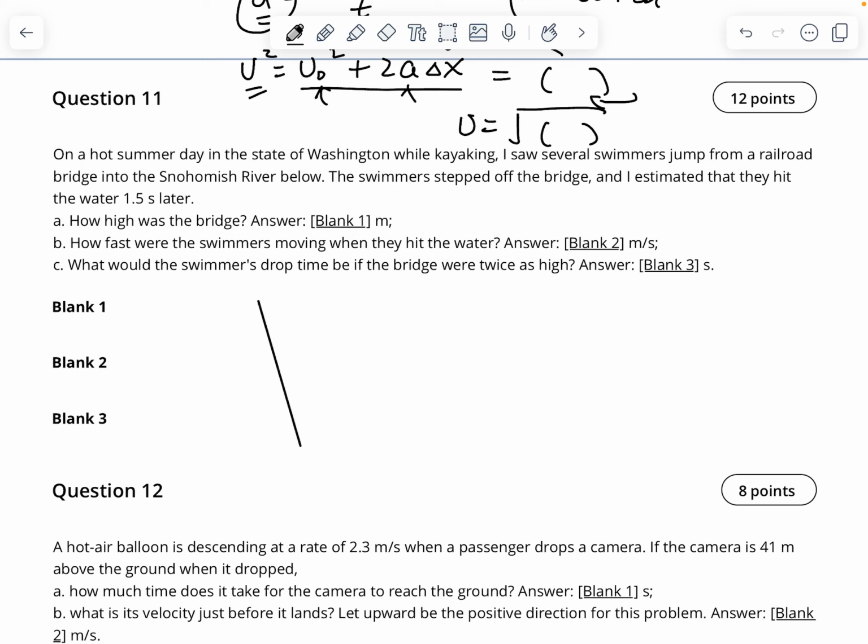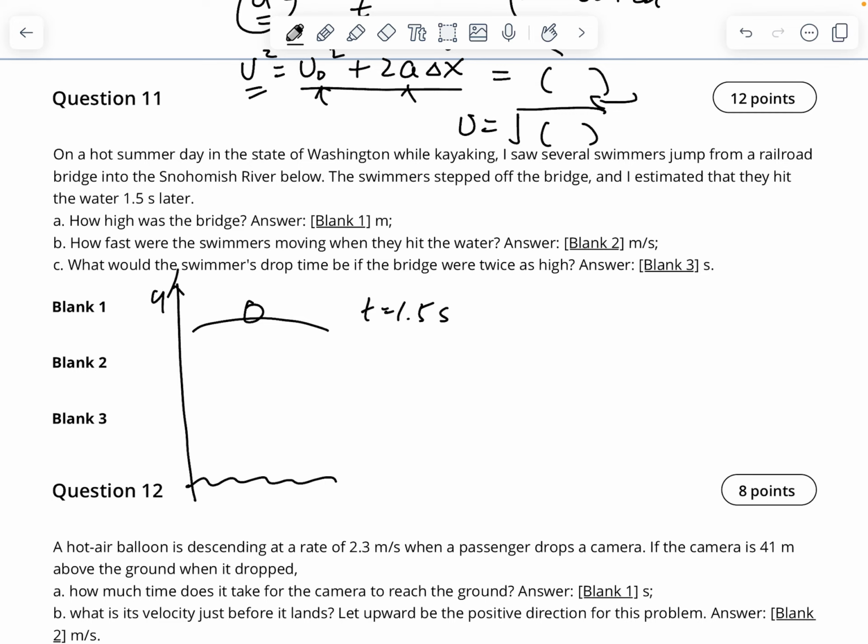So this is a bridge, and this is water, and you just drop from here. So basically it's a free fall, right? Drop and then time here equal 1.5 seconds.